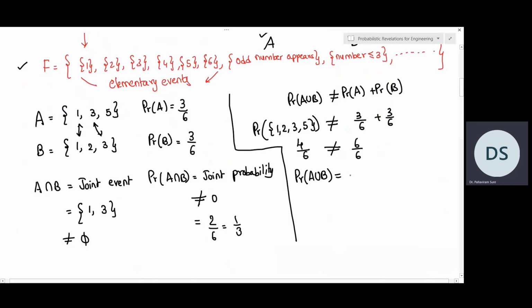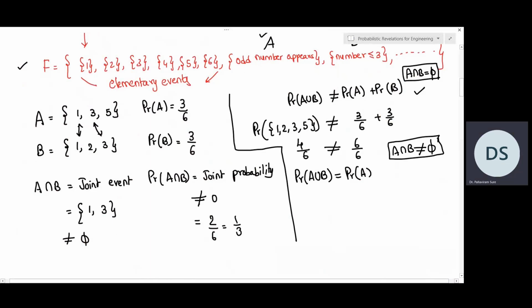The axiom says that when A intersection B is a null set, this is true. But now we have a scenario where A intersection B is not a null set.